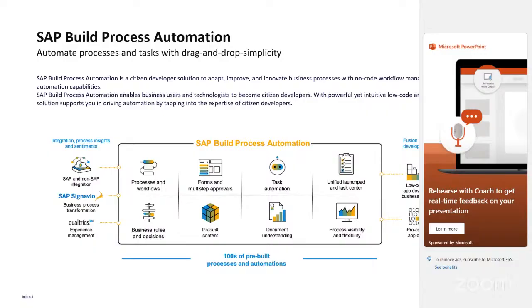Then SAP has introduced a task center. Now the task center is a unified mechanism. It's not stuck only to SAP Build anymore, so where you want to integrate with SuccessFactors or Ariba, all those tasks. Like we have My Inbox in S/4HANA, here also in SAP Build Process Automation we had this My Inbox concept, but the task center is new.